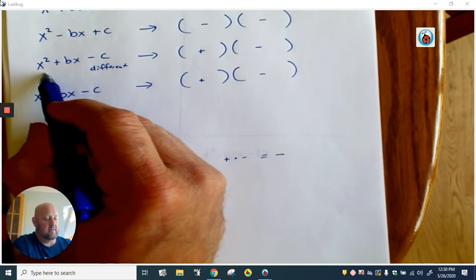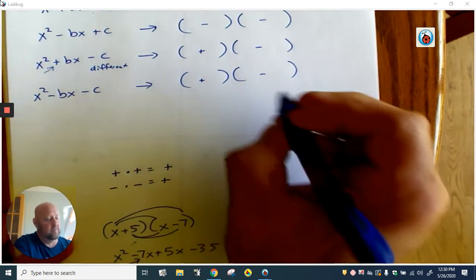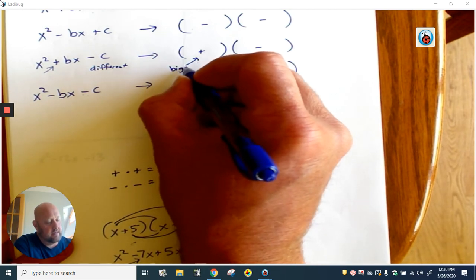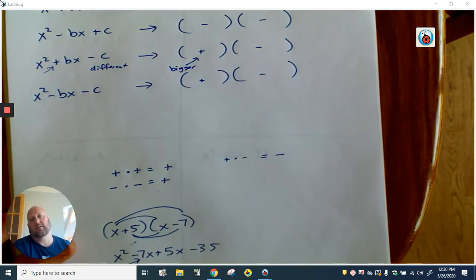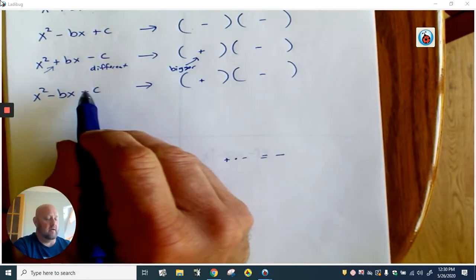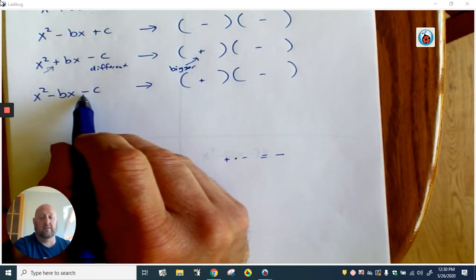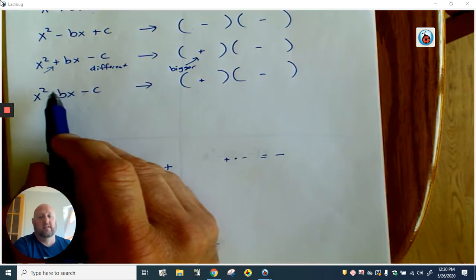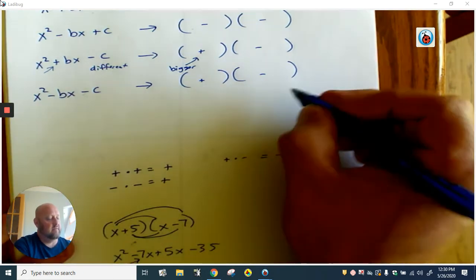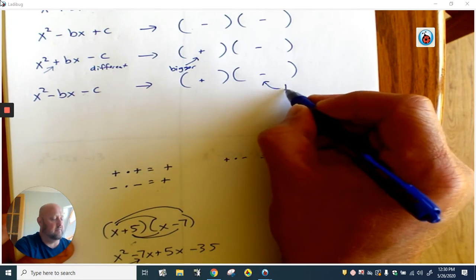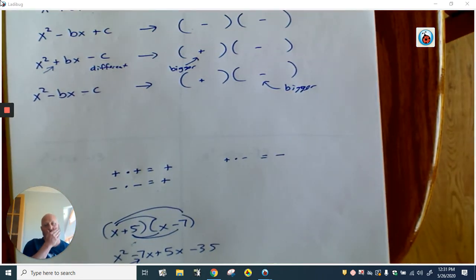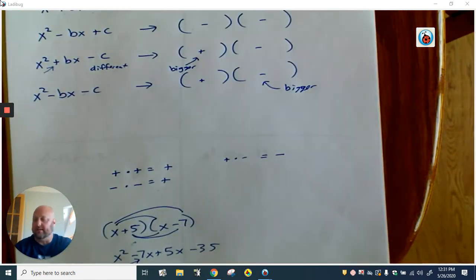But the positive B value tells me that the positive number has to be the bigger value. Likewise, down here, again, if I have a negative C value, I know I have to have a positive and a negative. But since I'm a double negative, that tells me the negative has to be the bigger of the two values, okay?